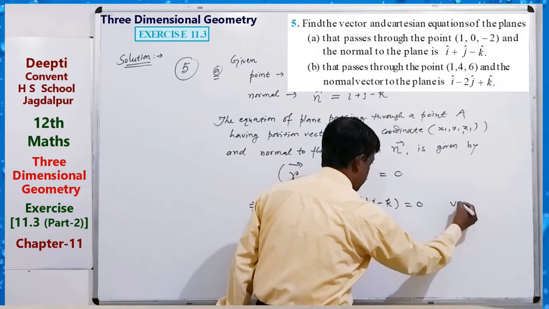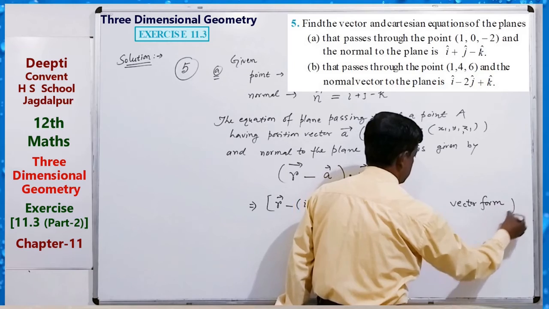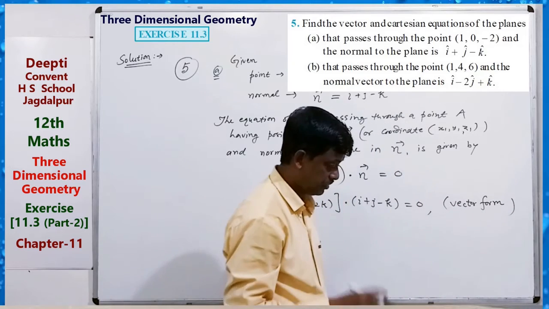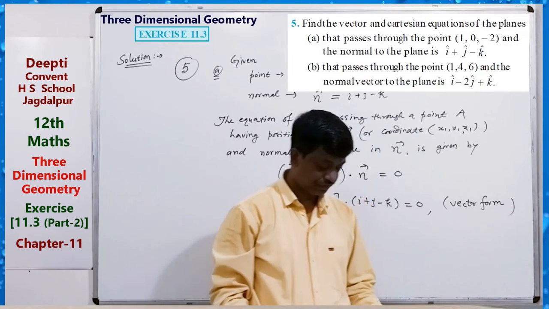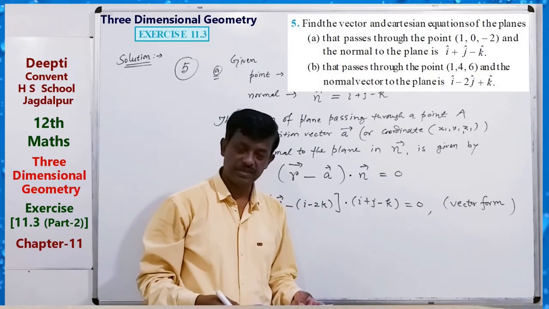This is the vector form. So the vector form is r minus (I minus 2k) dot (I plus j minus k) equals 0.